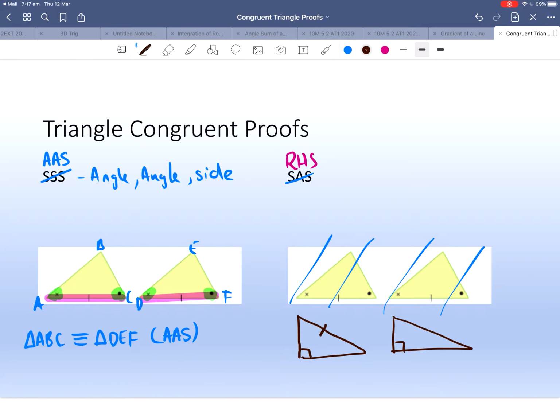They have to have the same hypotenuse, and then they have to have another side. So what does this one mean? This one means right angle. Put 90 degrees, because that's what a right angle is. Hypotenuse.